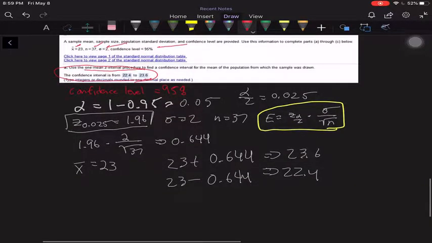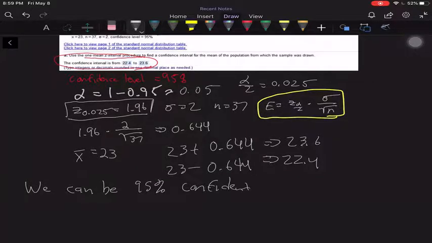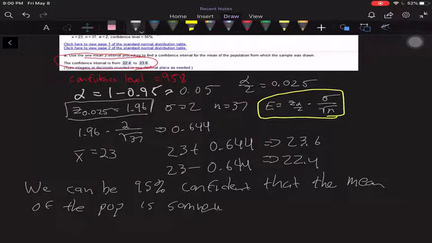And now we can do step 4, which is interpreting the confidence interval. And we can say that we can be 95% confident that the mean of the population is somewhere between 22.4 and 23.6.